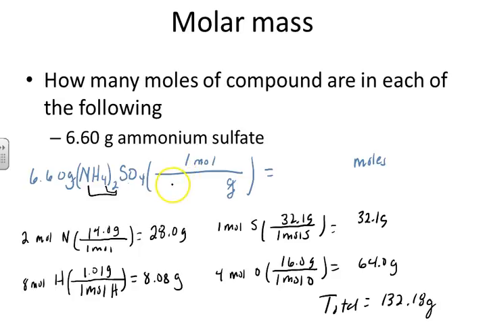Every 1 mole of compound, 132.18 grams. We then divide 6.60 divided by 132.18, and that gives 0.0499 moles of compound.